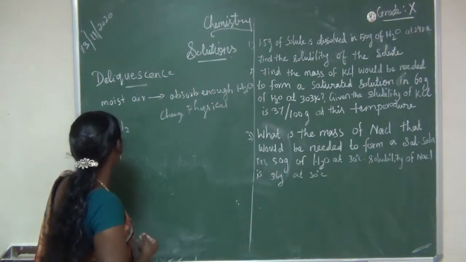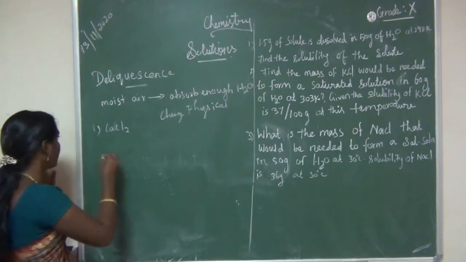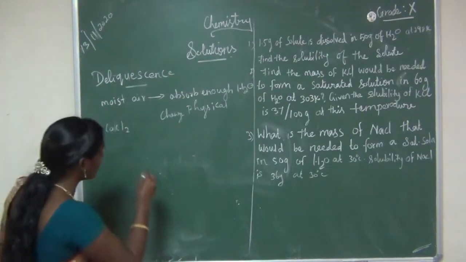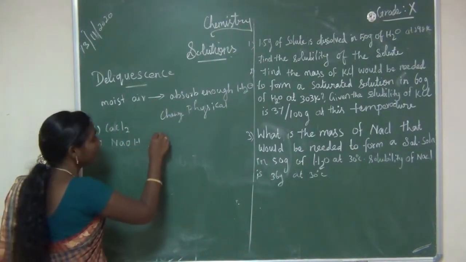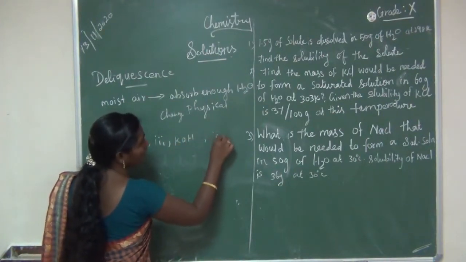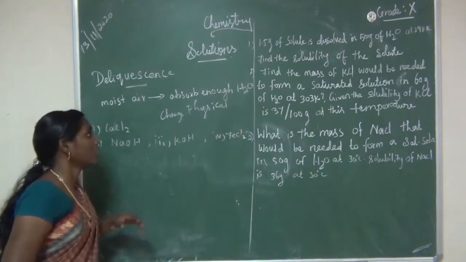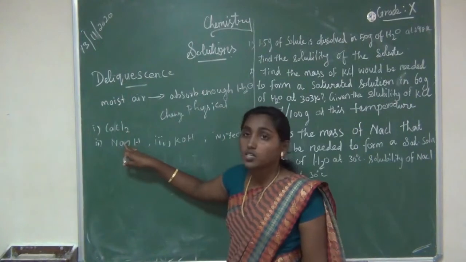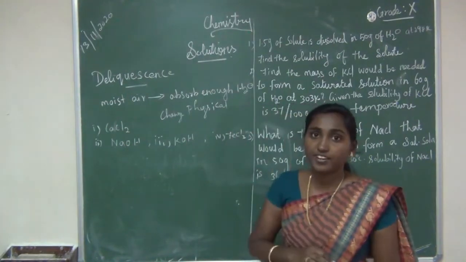So solid calcium chloride, then sodium hydroxide, potassium hydroxide and ferric chloride, FeCl3. What are the examples for deliquescent substance? Calcium chloride, sodium hydroxide, potassium hydroxide and ferric chloride.